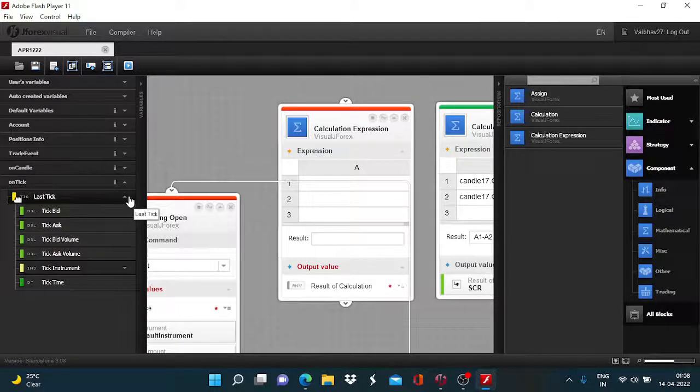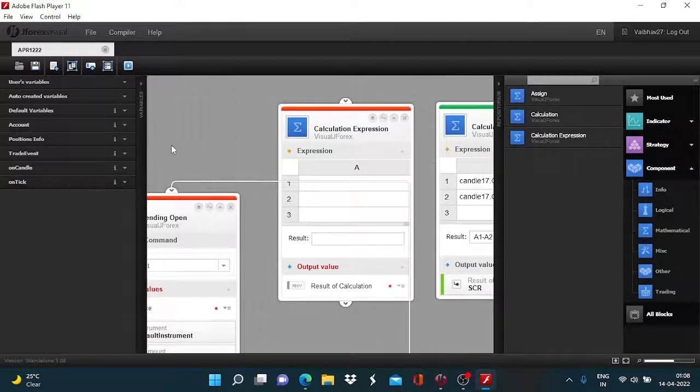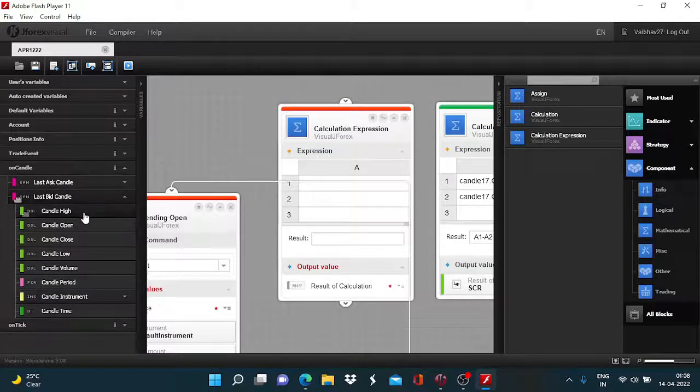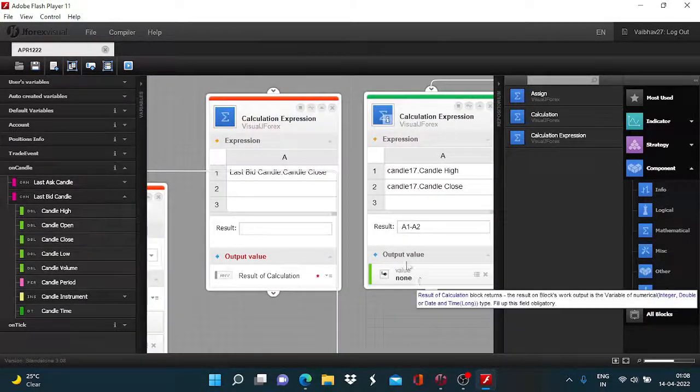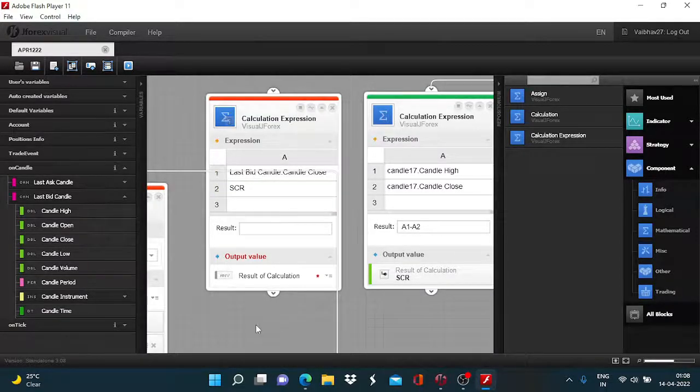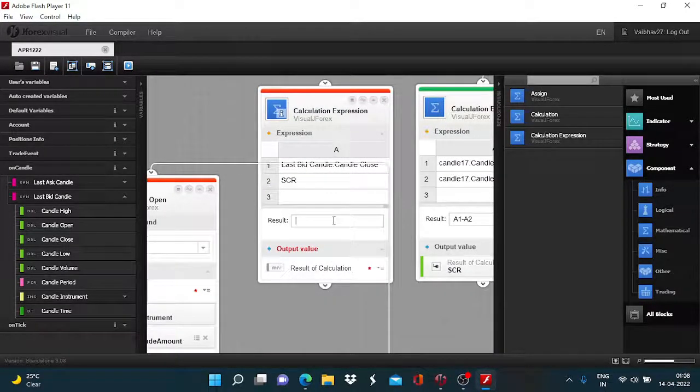And let us take tick price. Since we are using on candle as our start point, I will take last bit candle, candle close, and this difference, and we will carry out A1 minus A2.